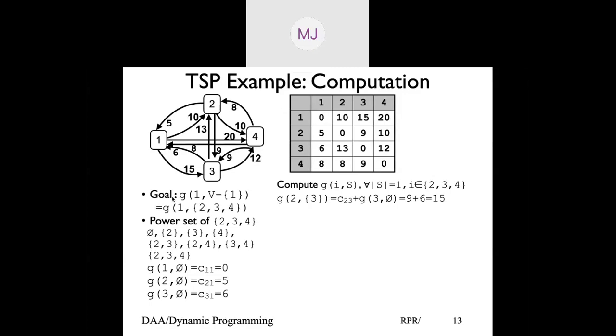We start from vertex 2, go only via vertex 3, and then come back to 1. So this would be the 2 to 3 cost, C23, which is 9, and then once we use 3, we're left with no other vertex, so it becomes G(3, empty), which is 6.